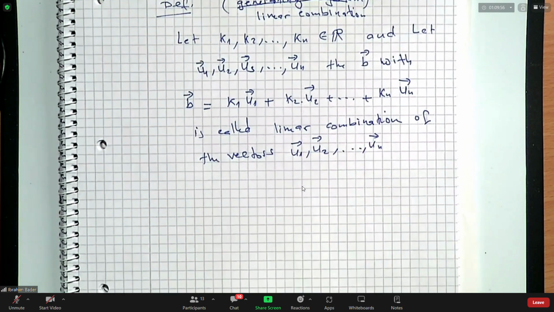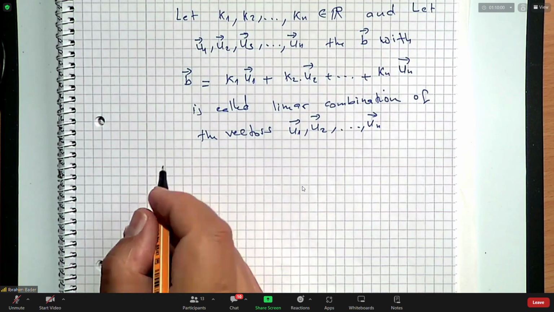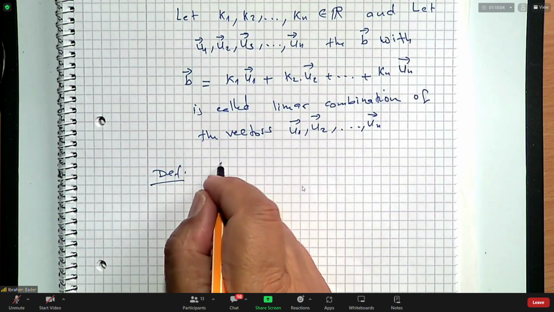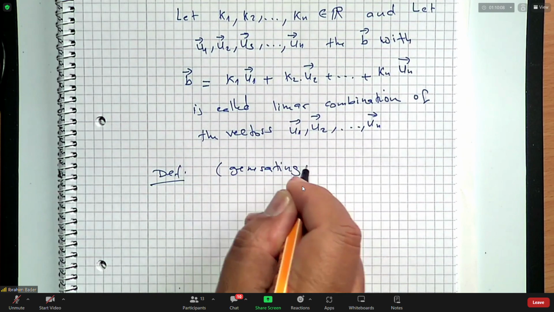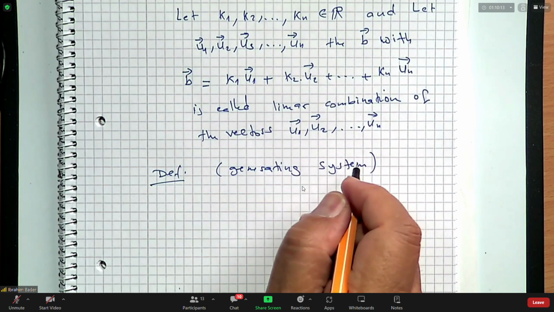It's just the formal definition of linear combination. And now, after we define this, we define the generating system, which is a set of vectors.